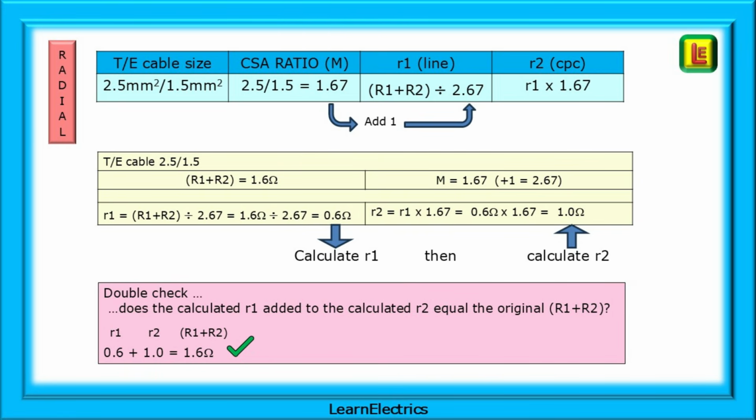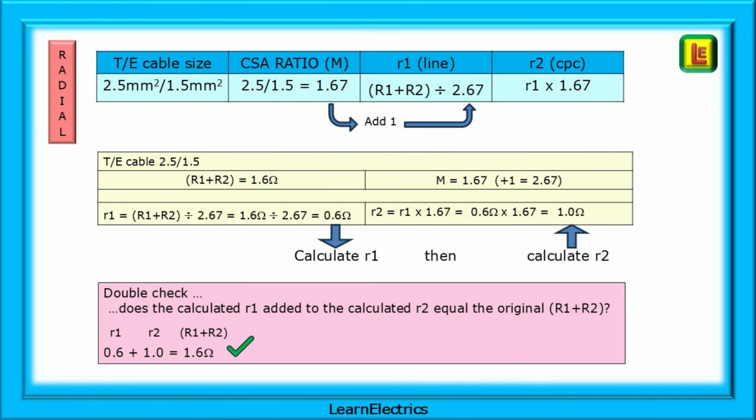If R1 plus R2 is 1.6 ohms and the multiplier is 1.67, then little r1 is 1.6 ohms divided by 2.67, giving us a result of 0.6 ohms. And little r2 is 0.6 ohms multiplied by 1.67, with 1.0 ohms as a result.